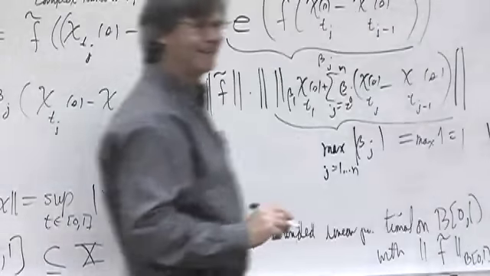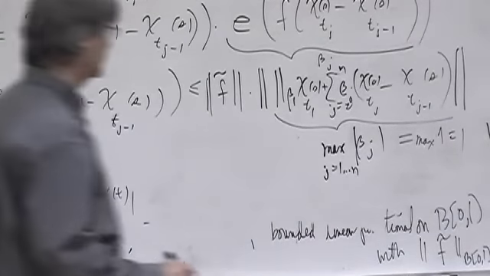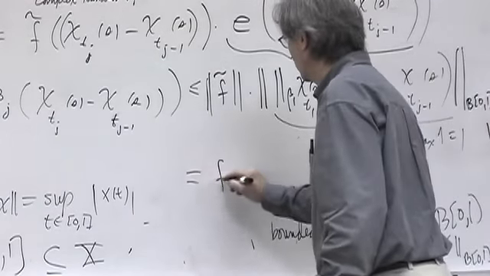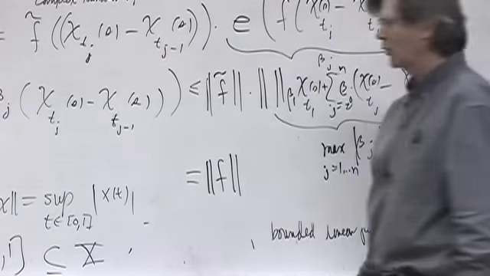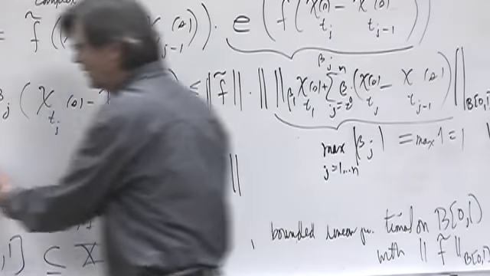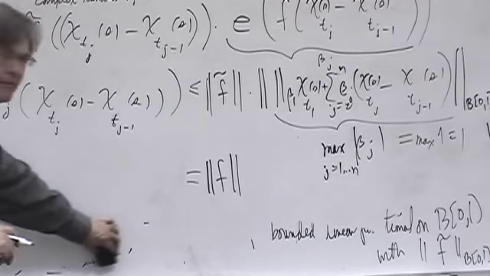That's the bounded, this is the sup norm here. This is the B01 norm. So this is equal, therefore, to the norm of f. This upper bound is equal to the norm of f. Therefore, what we've shown is that the variation norm of w is less than or equal to the norm of f.